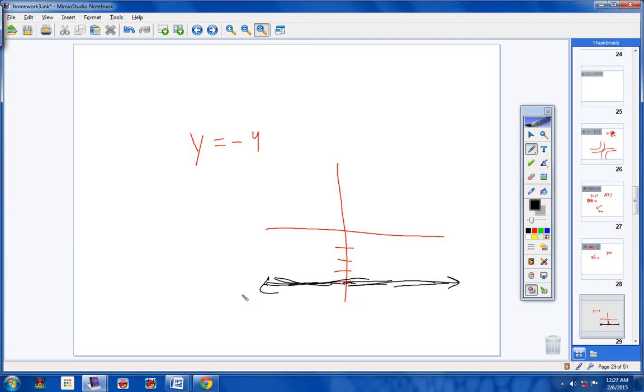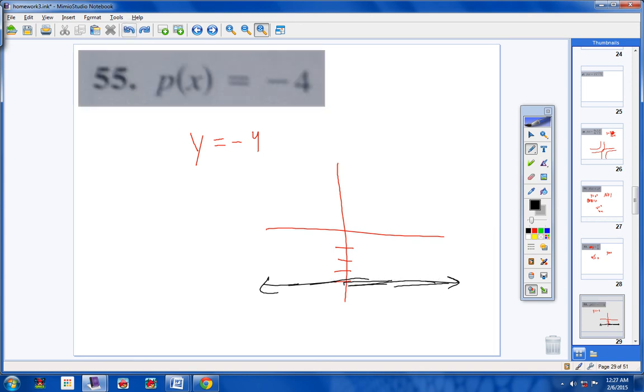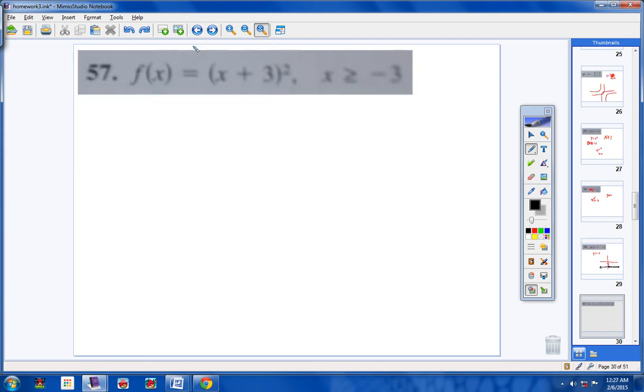Well, the horizontal line test fails. If you draw a horizontal line right here, it's going to intersect this graph infinite times. So the horizontal line test fails. So the answer is no. This function right here does not have an inverse function. Does not.